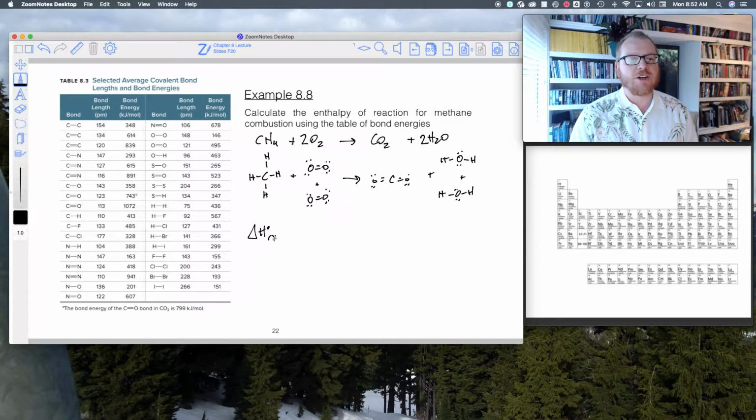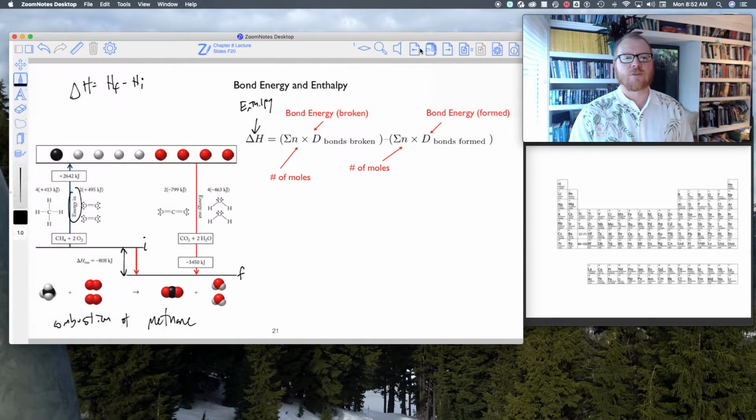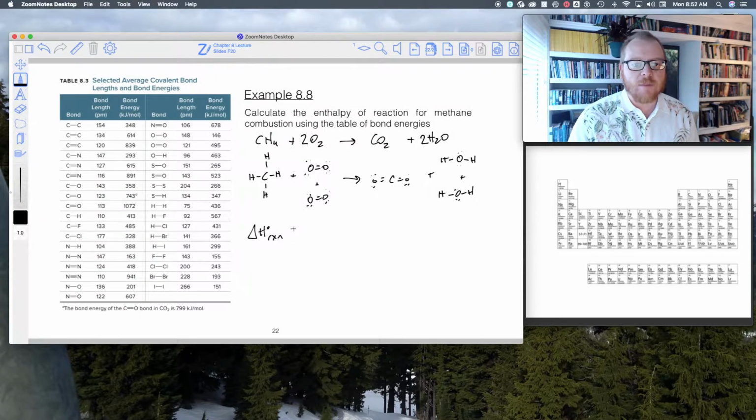So delta H of reaction is, let's remind ourselves, bonds broken minus bonds formed. Okay, so my bonds broken, I'm going to have 4 carbon-hydrogen bonds, right? 1, 2, 3, 4. Okay, so let's do that. So we'll say 4 times, let's see, where is it?